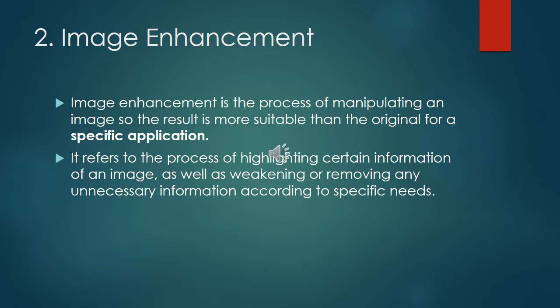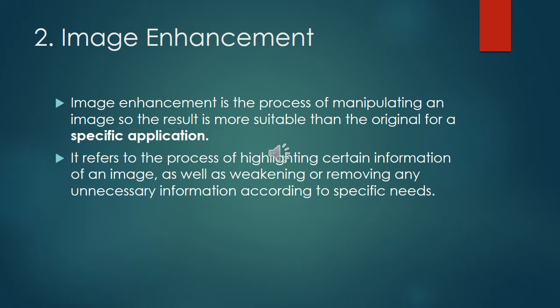Next step is image enhancement. Image enhancement is the process of adjusting digital images so that the results are more suitable for display or further image analysis. For example, you can remove noise, sharpen, or brighten an image, making it easier to identify key features.